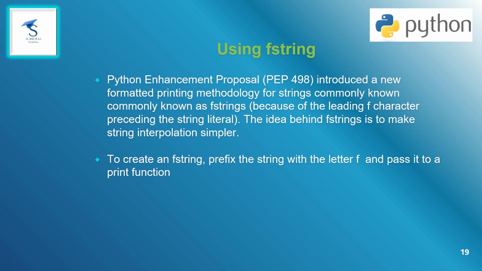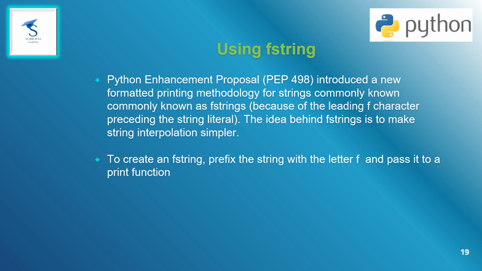Now I'll introduce you to what is called an f-string. I told you about Python enhancement proposals. These proposals are made in the Python committees. In PEP 498, they introduced a new formatted printing methodology for strings. It is commonly known as f-strings because of the leading F character preceding the string literal.